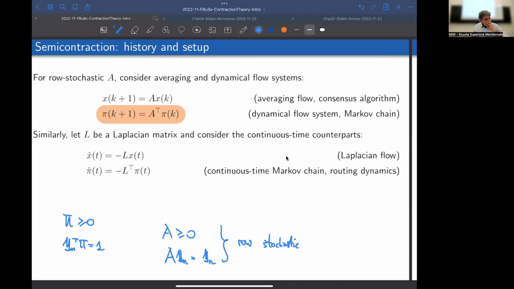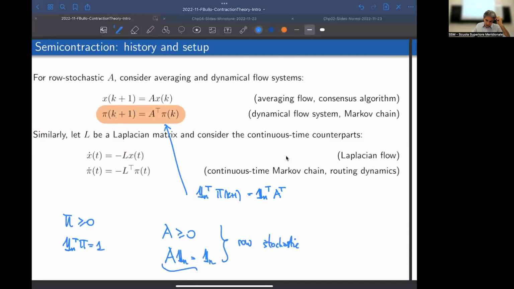And these properties ensure that the mass is conserved, this is the conservation law we talked about earlier in discrete time. If I multiply 1n transpose by pi at time k plus 1, that's the sum of every entry of pi, right? That's the probability mass at time k plus 1. This is equal to 1n transpose A transpose.